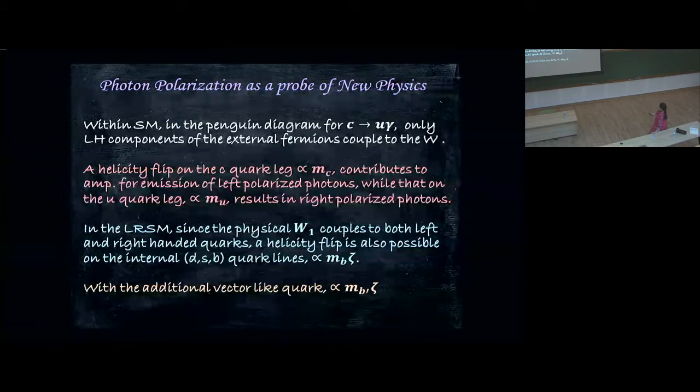So this is proportional to m_b zeta. As zeta is bigger, you will have more contribution. And the main point I want to point out here is that if you have a heavy vector-like quark, then this flip will be proportional to m_B' zeta. And m_B', as I pointed out, the preferred values are 800 or 1200 GeV. So that makes it much larger.